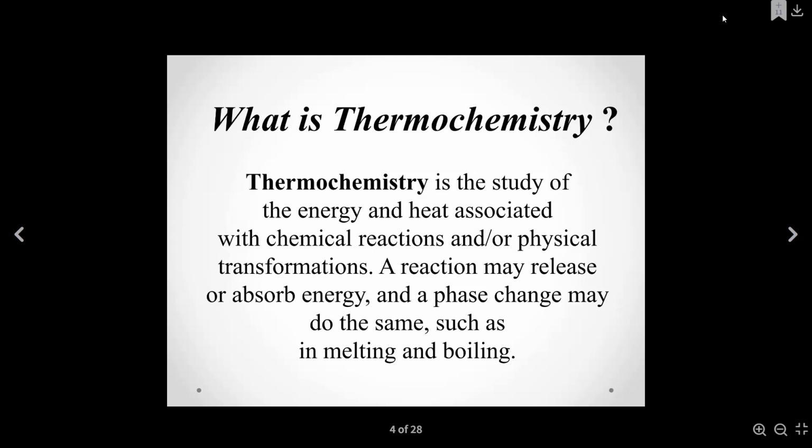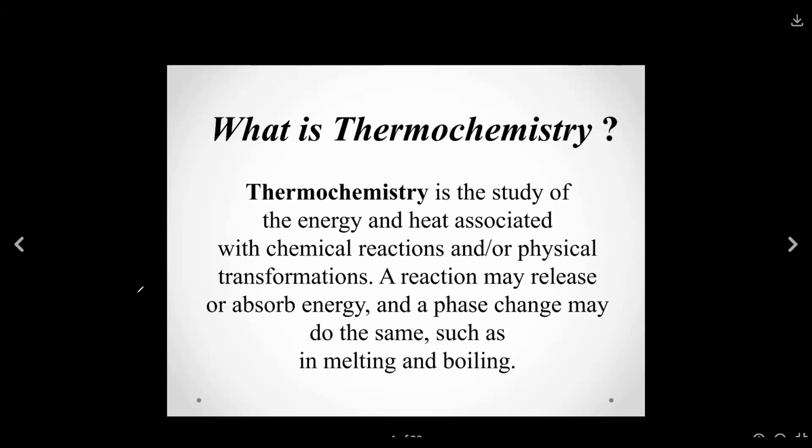So in this case, let's say for example, we have A react with B to produce, let's say, a product P. So A and B are the substrates of the reaction, while P here stands for the product.